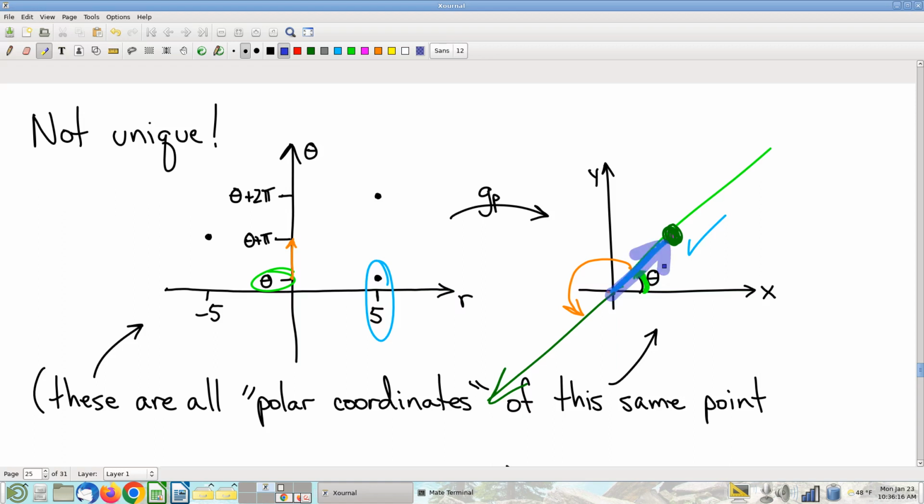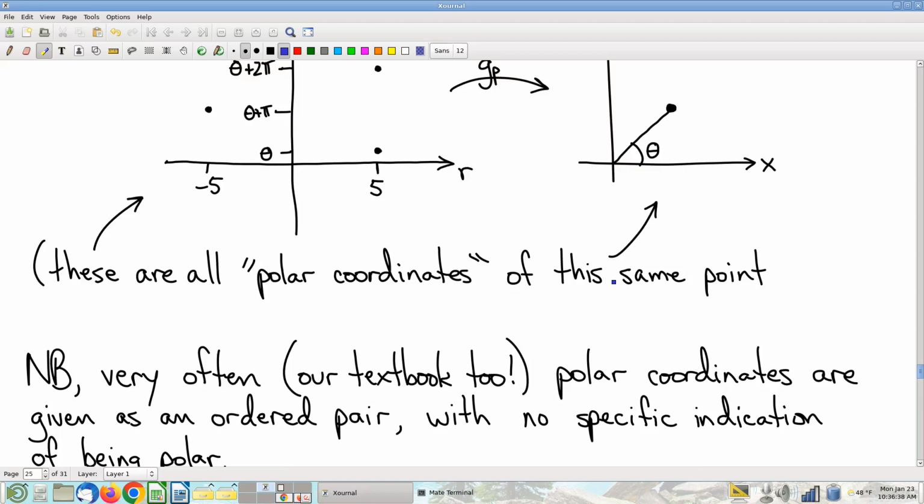So I'm going in that direction by a negative amount, and again, it gets me right back to that same point. Everybody on board? All right, so lots of non-unique issues with polar coordinates.